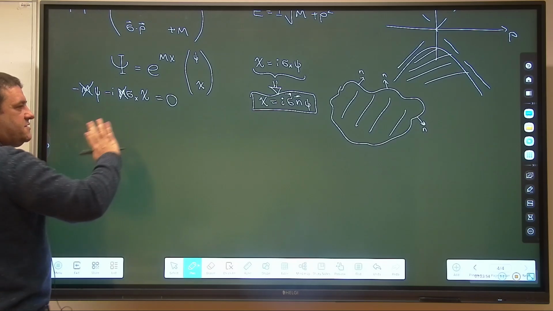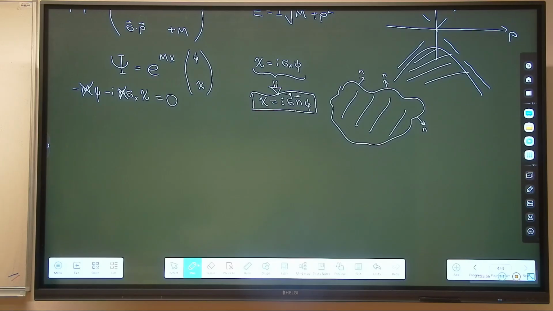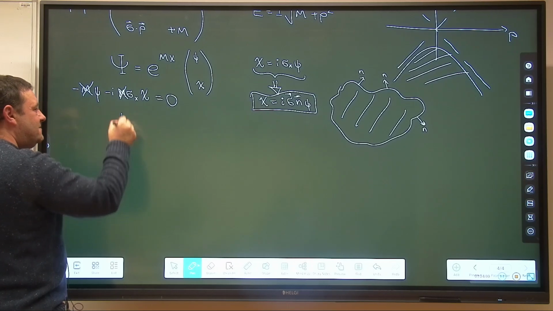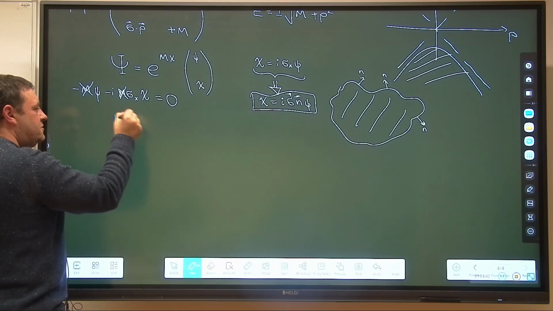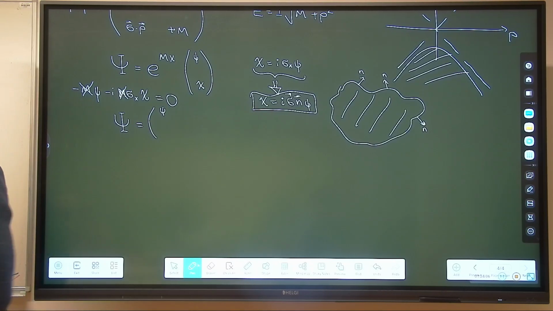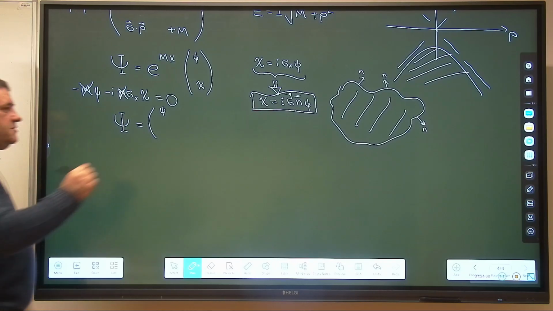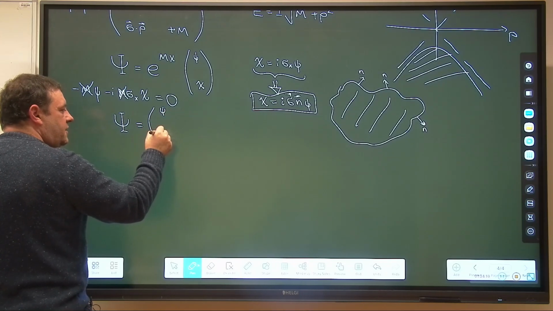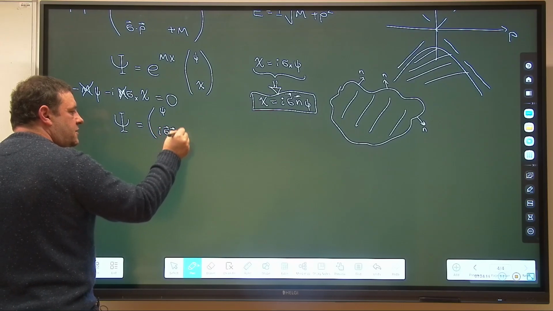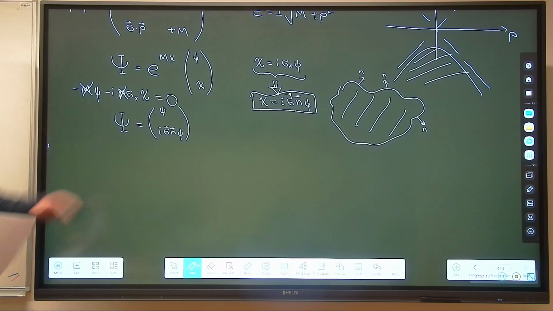Now I slightly change my notations. This is important. The new notations are like this. Wave function psi equals small psi here and small chi here, i sigma n psi. But I removed this exponential.